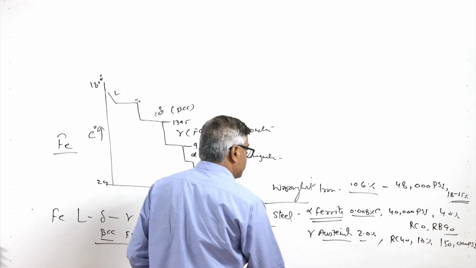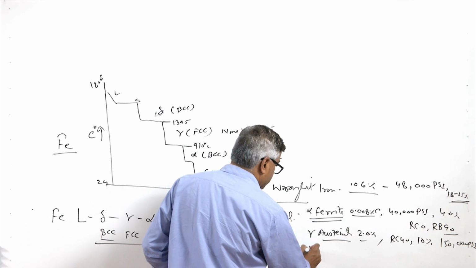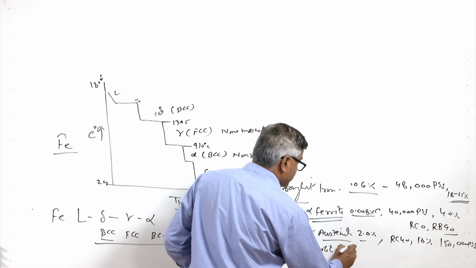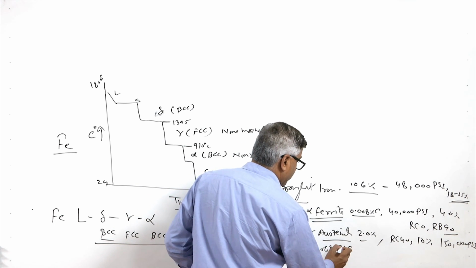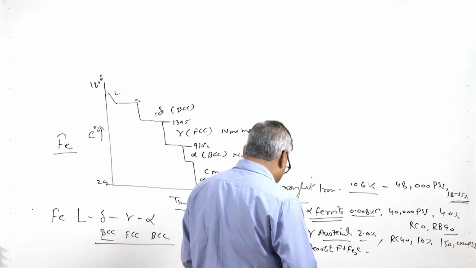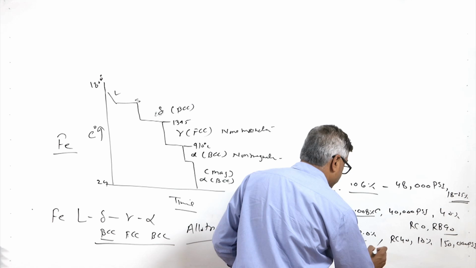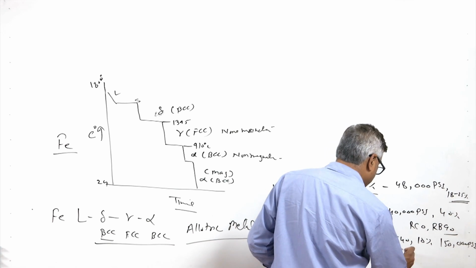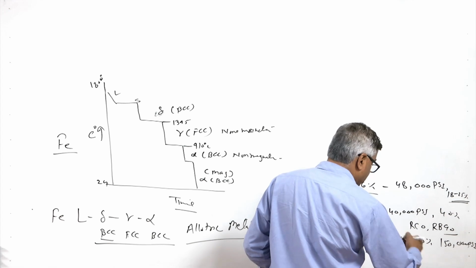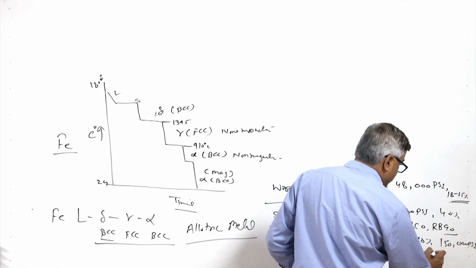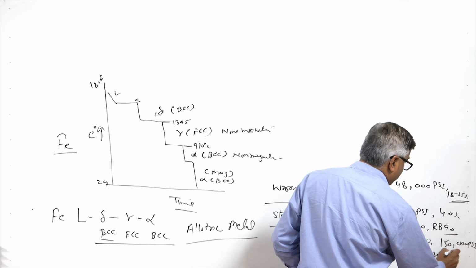As compared to this, pearlite is a mixture of ferrite plus cementite, ferrite plus Fe3C. Fe3C offers a hardness of RB 95 or much higher, even RC20, and the strength is 120,000 psi.